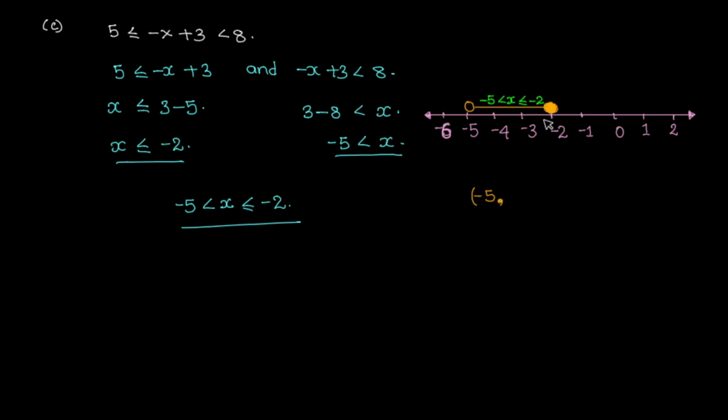Here we have -2, and again looking at this sign is less than or equals to, meaning we are closing with a square bracket. So that is our solution set. Have you got something similar? Big up to you.